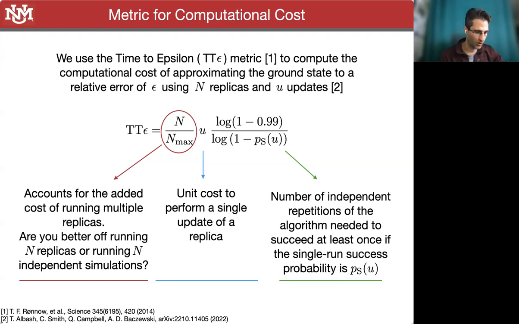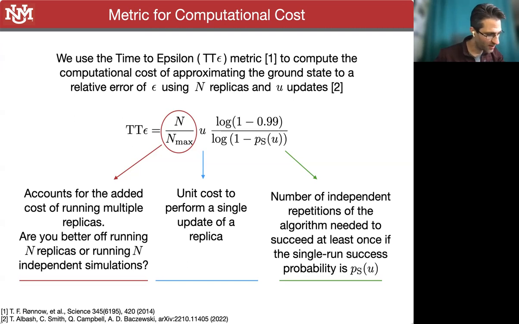Now you have a choice. You could have a simulation where you just use one replica, which is like not doing parallel tempering, and then parallelize that over, let's say, n max cores. Or you could run one parallel tempering simulation with n max replicas and parallelize those over the n max cores.